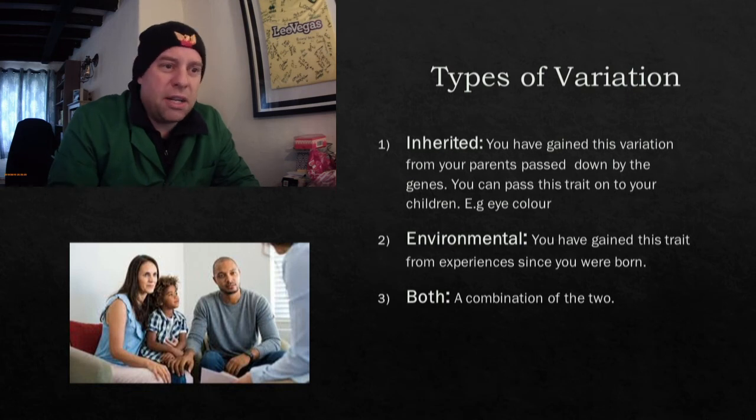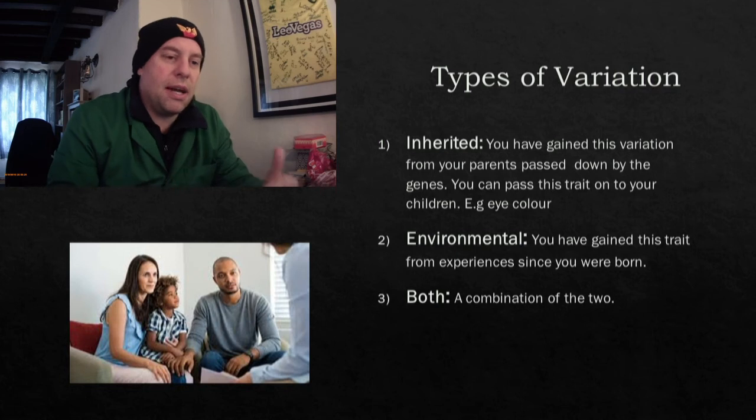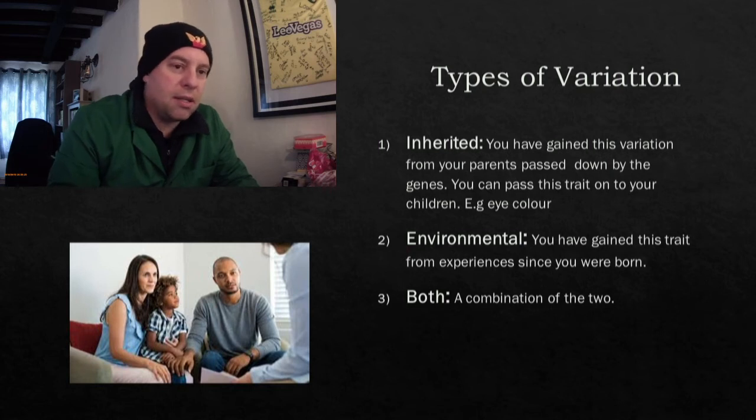The last, now this is a bit contentious in science because we go into the whole nature-nurture debate, is where some variations are caused by a combination of two. If I use the sports one as an analogy for this, where you've put your sport will depend on two things. Some of you will be born with the ability to do sport.